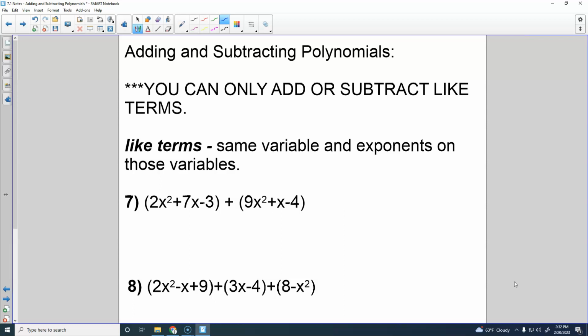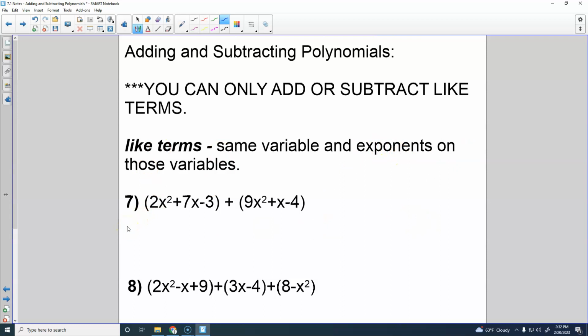So we're already a little bit familiar with like terms, but what's going to be different today is we're also going to have some terms that might have exponents, and you haven't seen those in equations yet. So to have like terms, you have to have the same variable and exponents on those variables.